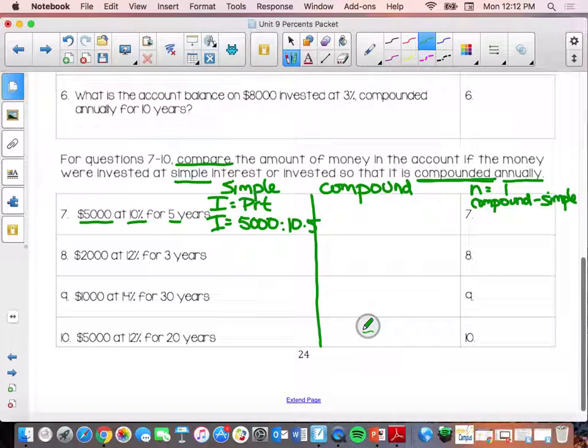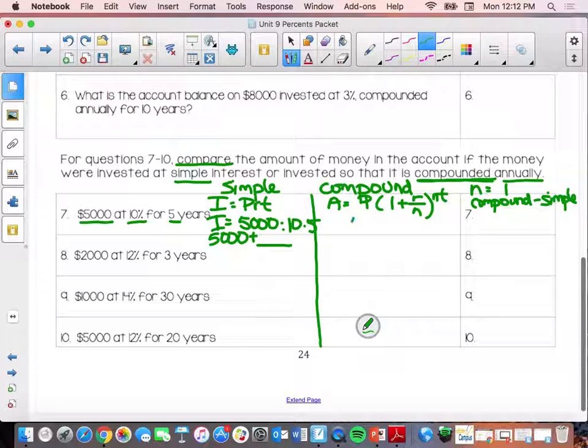So you have to add on the $5,000. So do 5,000 plus the answer that you just got, and compare that to using our new formula. A equals P times 1 plus R over N to the NT.